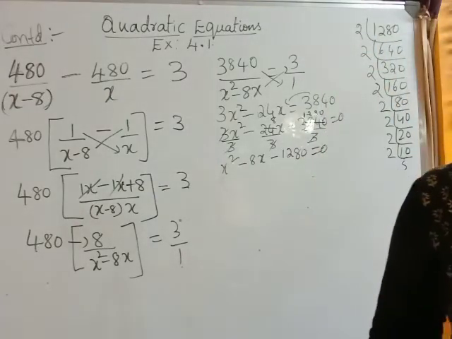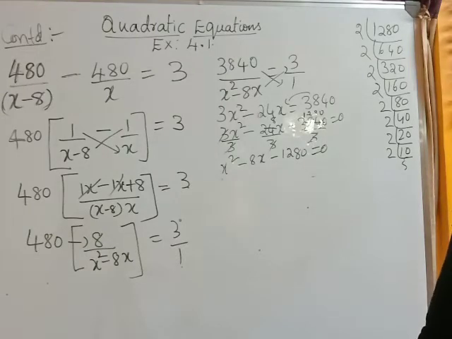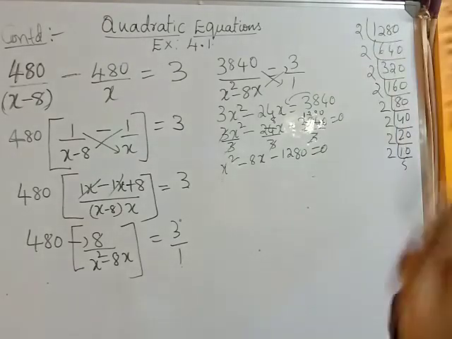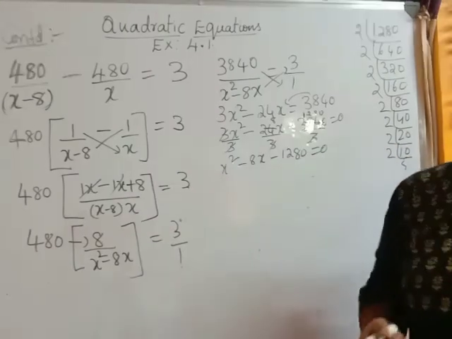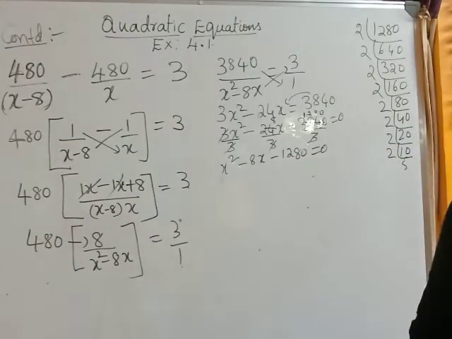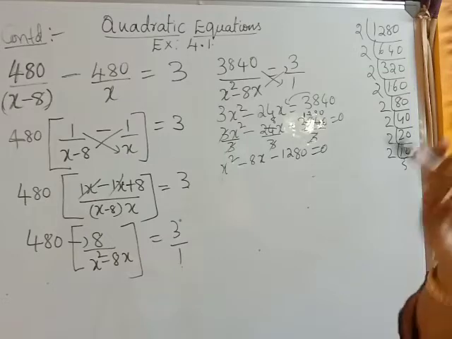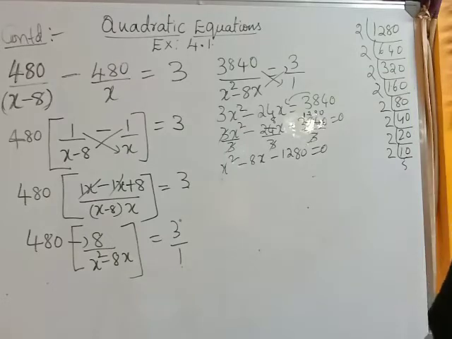If you take one factor as 2 and another as 40, the difference will be too much. You have to select factors somewhere around 10 and 18, or 20 and 12, wherever you get 8 as the difference.